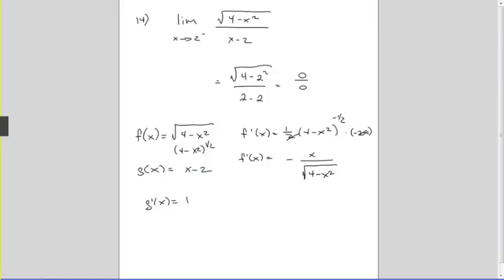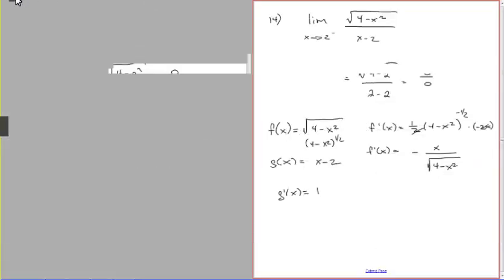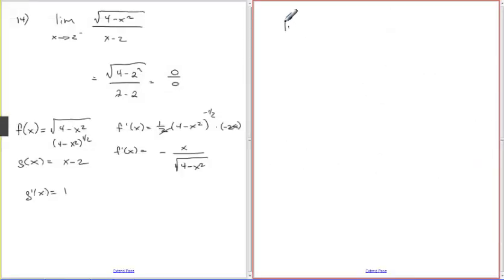Okay, so now we're looking at this new limit. We're going to take the limit as x approaches 2 from the negative side. The numerator has become negative x divided by the square root of 4 minus x squared, divided by 1.